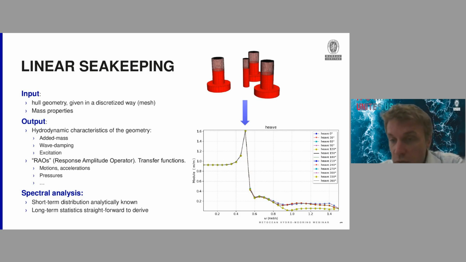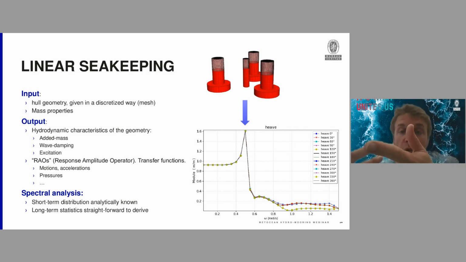Just to explain quickly what a transfer function is: how much the unit reacts to unitary waves. So for instance, on this curve, if you have a wave at whatever the direction for this kind of unit, at 0.5 radian per second, if the input wave is 1 meter, the response in heave will be 1.6.